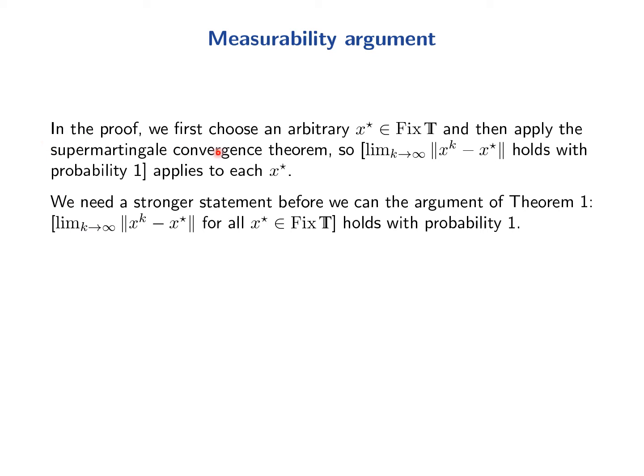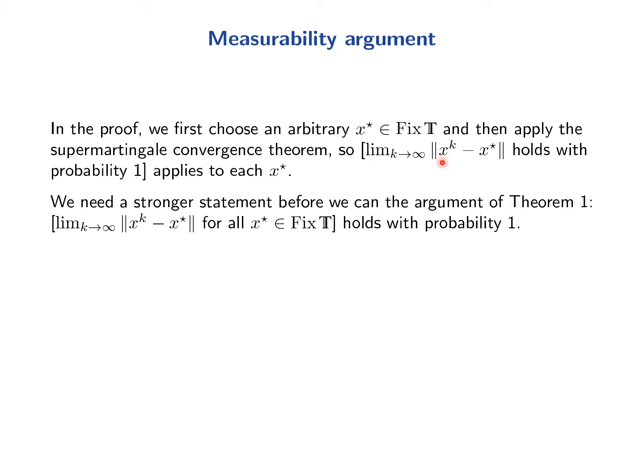Recall in the proof we first chose an arbitrary fixed point, then argued that the sequence is a supermartingale and it's non-negative. Therefore, we can apply the theorem to conclude that the sequence has a limit, and this holds with probability 1. So what does that mean? Well, this randomized algorithm generates an infinite sequence xk, and if we run it multiple times, we're going to generate multiple sequences.